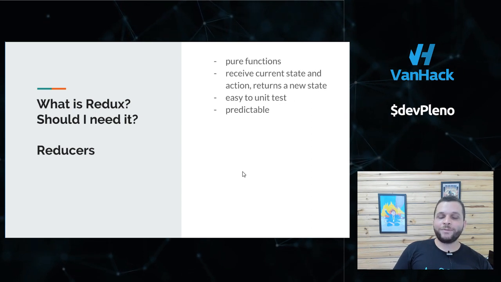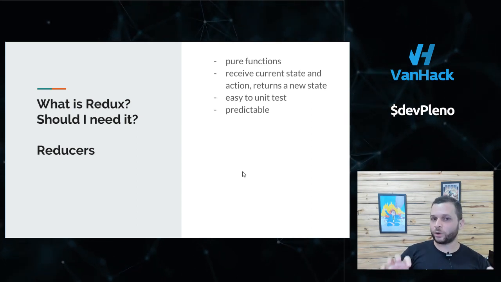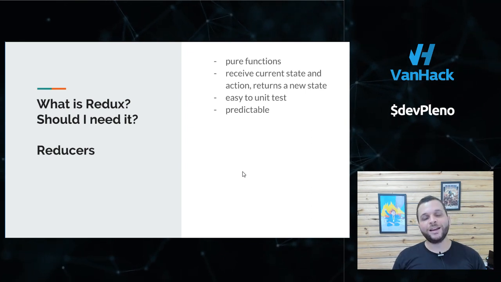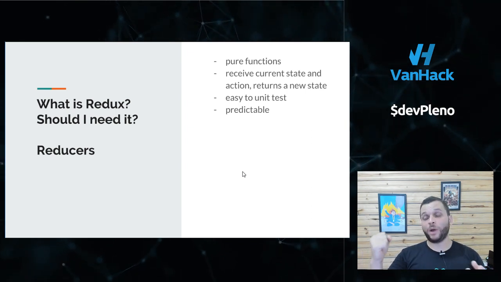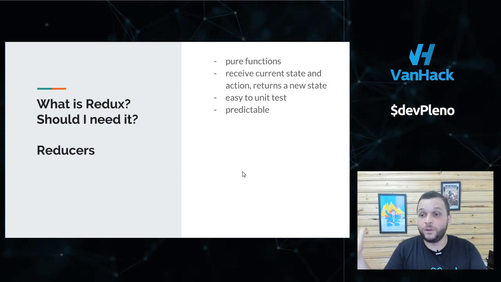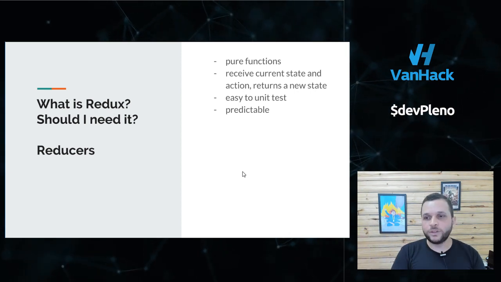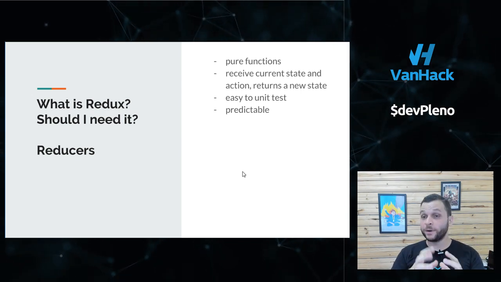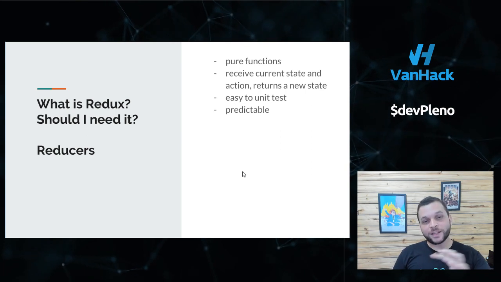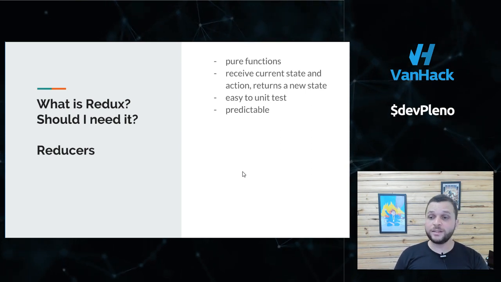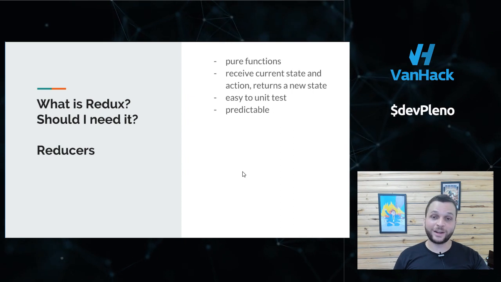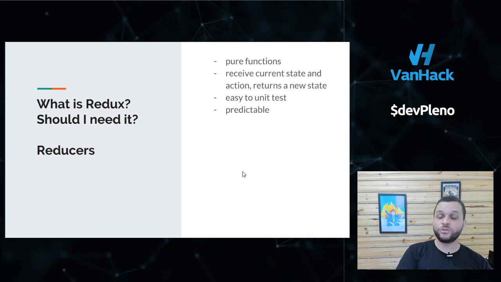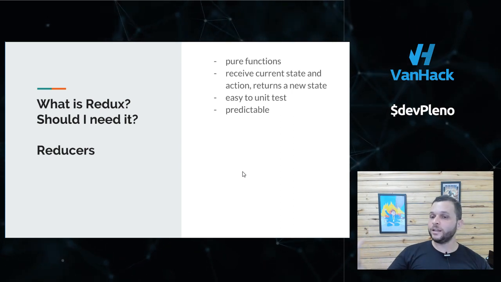And later we have reducers, which the store calls, passing the action. So the store gets the action and says, oh, I need to do something with this. So reducers take care of this for me. And the reducers are just JavaScript functions, pure functions, and these functions will receive the current state, the current state that is stored inside the store, and will receive the action too, and later will return a new state based on this action.